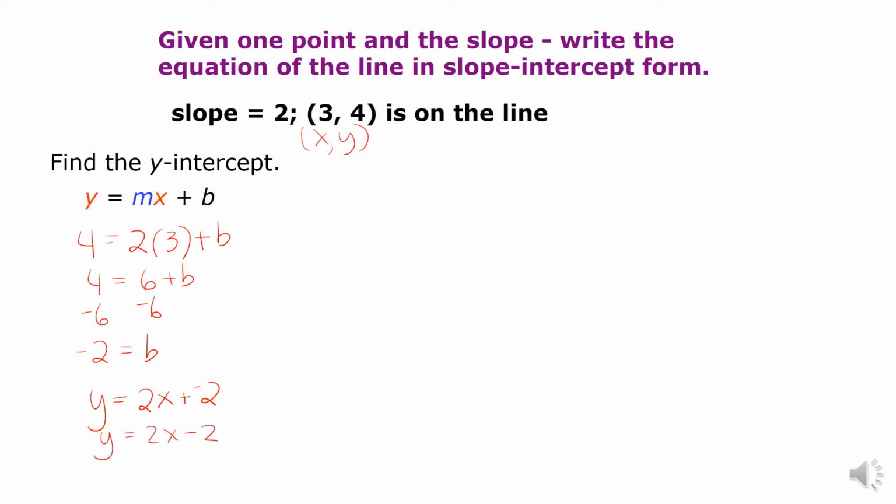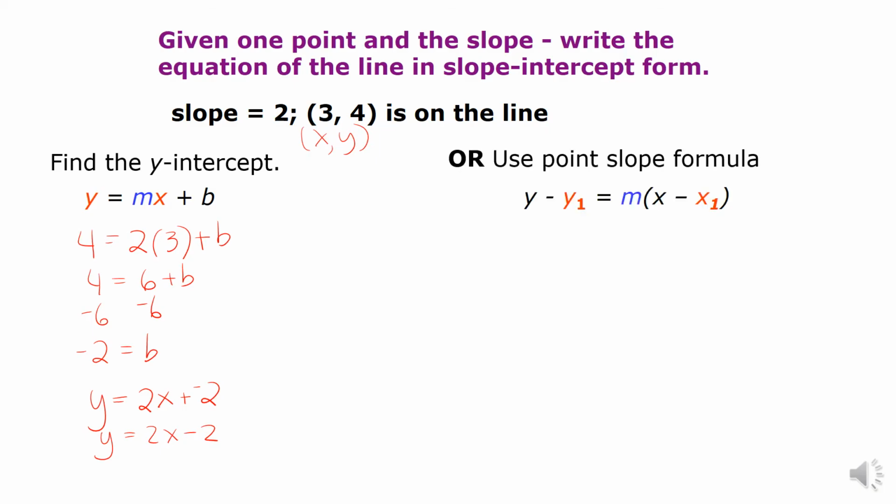Okay? Now the second way, we've already learned about point slope. There's the formula. So we're going to go y minus our first y, which is 4, equals the slope times x minus the x, which is 3. So we're going to go y minus 4 equals 2x minus 6.